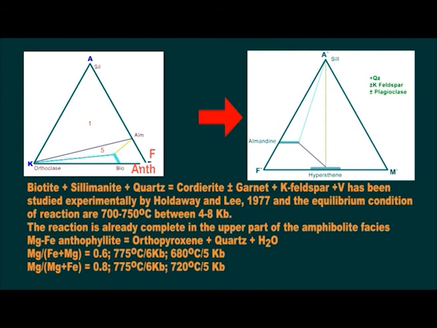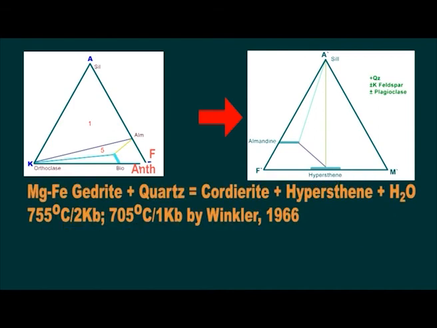They also studied the above reaction in the natural anorthite and synthetic one and found the breakdown temperature as 835 degrees centigrade, 6 kilobar, and 750 degrees centigrade, 5 kilobar. MgFe gedrite plus quartz gives rise to cordierite plus hypersthene plus water, 755 degrees centigrade, 2 kilobar; 705 degrees centigrade, 1 kilobar.